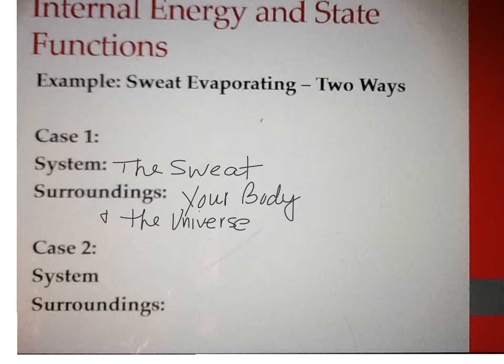So in this situation, Q, or heat, is going to be greater than 0. Why? Because heat flows into the system, meaning sweat, from your body in order to raise the kinetic energy of the sweat molecules to allow them to go from the liquid phase to the gas phase.